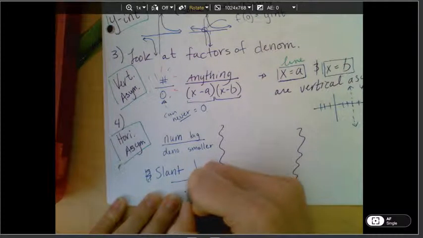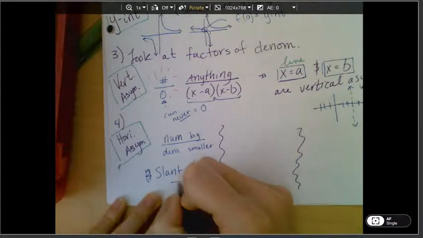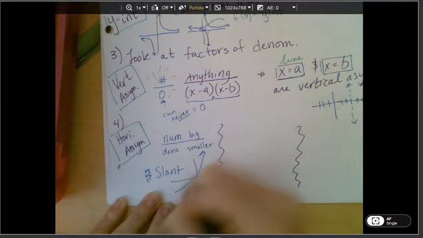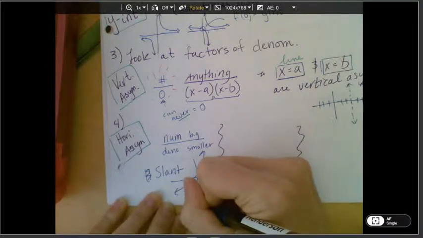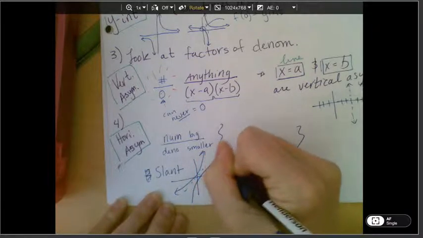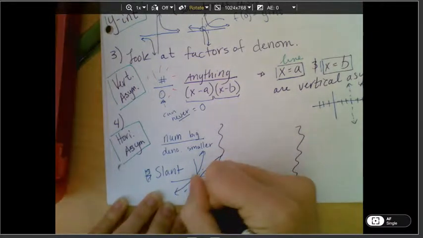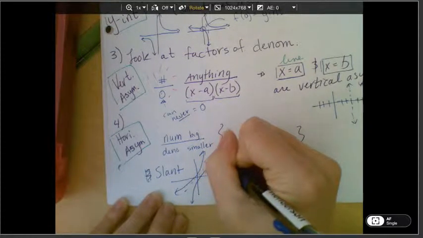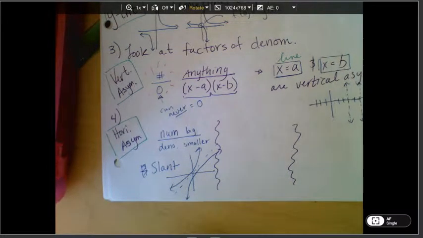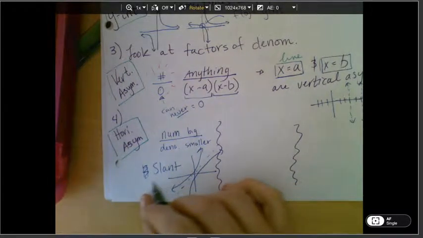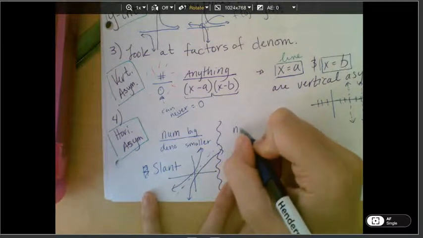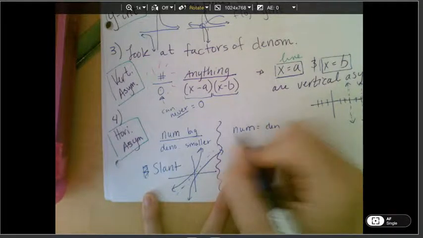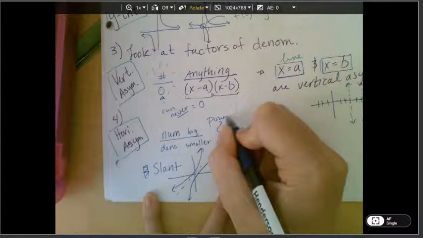That's the weird one that we looked at on Desmos, where your rational function looks something like this. It's doing some weird thing like that, or maybe it's trying to approach some line.